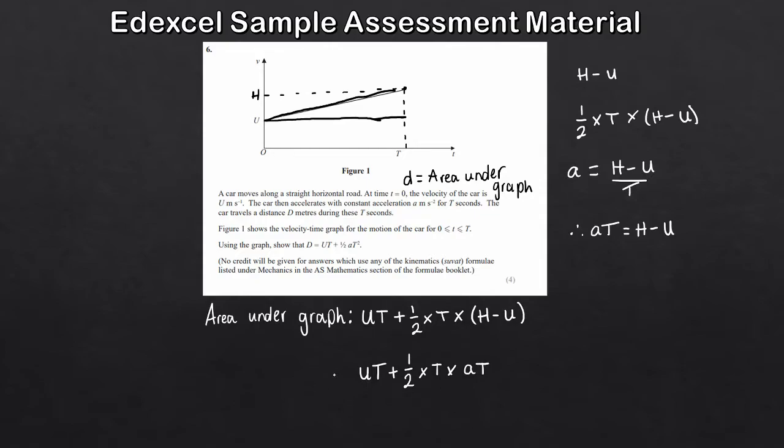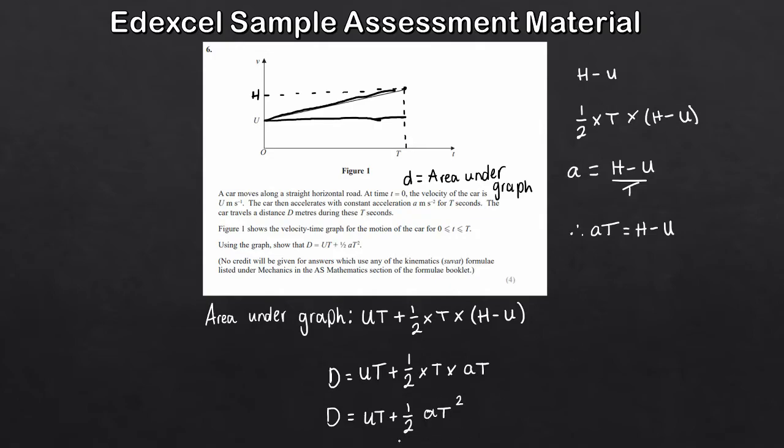If we simplify this, the distance d is equal to ut plus a half, t times at gives us at squared there. And that's exactly what we wanted to show.